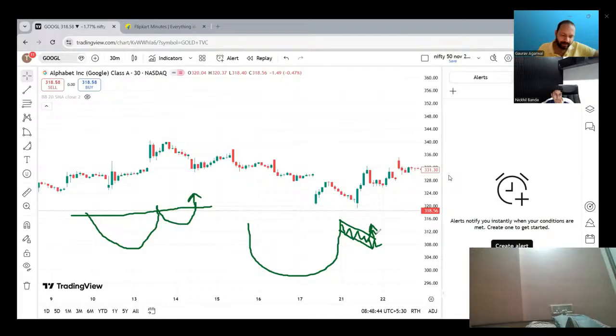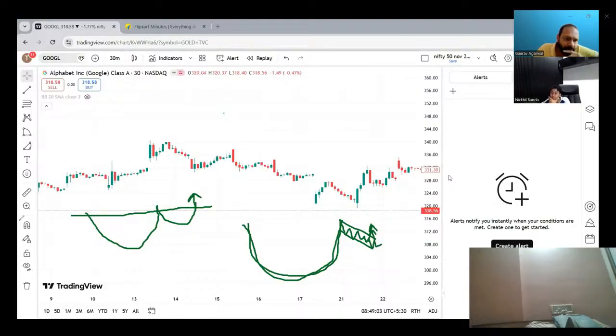Mostly, I have seen that it is a successful pattern most of the time, because it takes quite a long time to form. It's not a small pattern. That's the reason it mostly passes.